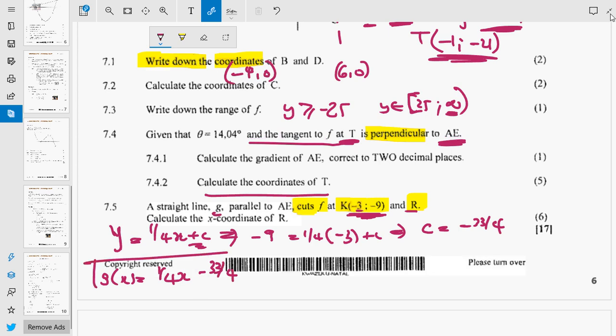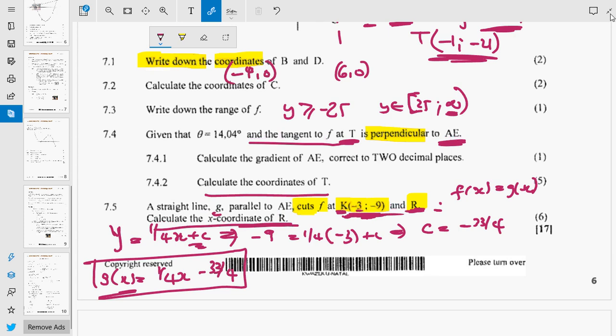Now this is the equation of g. It cuts the parabola at K and R, and they want the coordinate of R. This is the point of intersection. This means that f of x must be equal to g of x at K and R. So what are you going to have there?